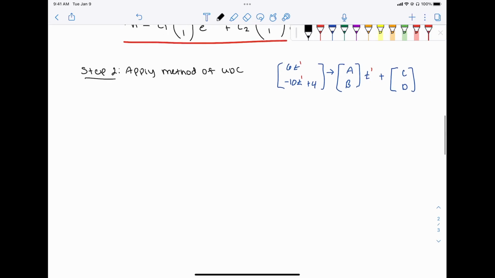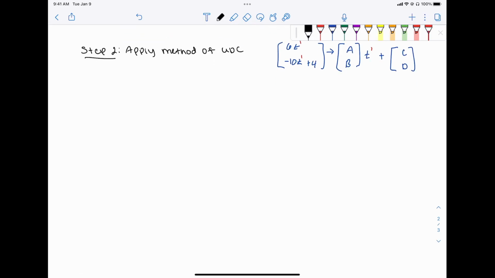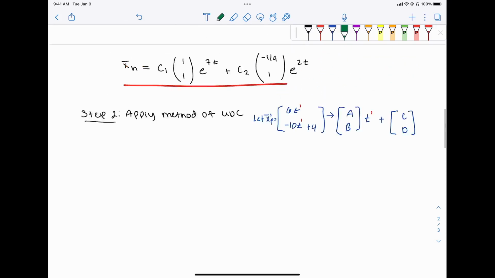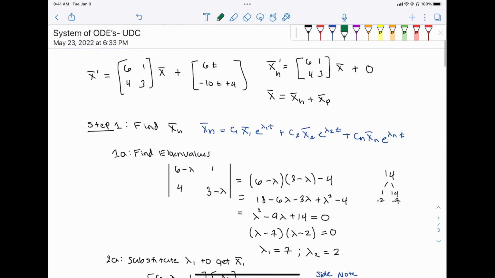So then what we can do is, I like writing this because it helps me kind of remember. So we let x prime of p equals that. And then remember that our equation is what we're given all the way up here.